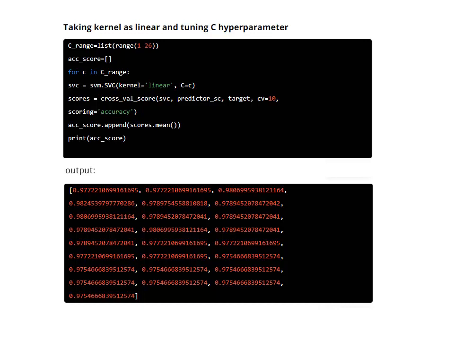So here's an example using a linear kernel and tuning the C hyperparameter. We have a C range list from 1 to 26. Then we substitute this range into the kernel, and we get the accuracy score for C from 1 to 26.